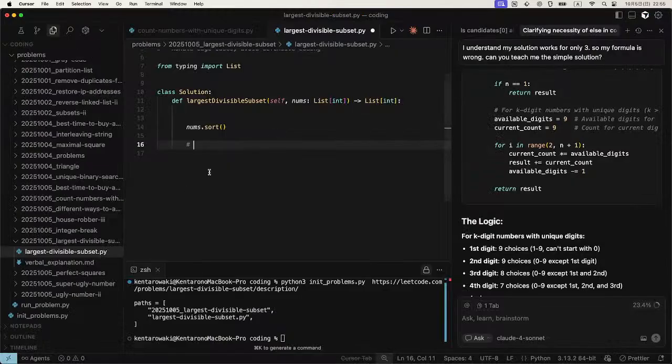So for example, 1 to 4, and let's think about 1 to 5. For this, obviously we have one element.